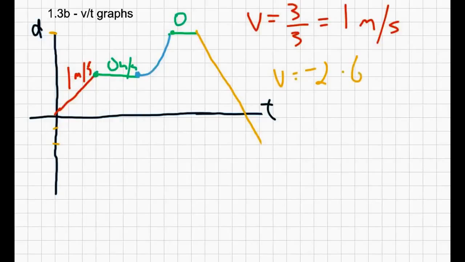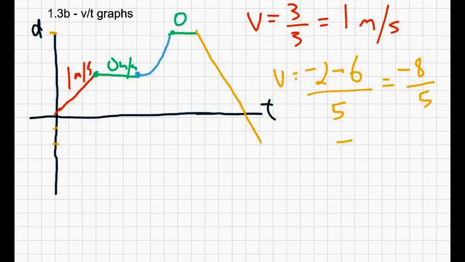We subtract 6 above, and that occurred over roughly 5 seconds approximately. So that means we have -8 over 5, which would be a velocity of about -1.8 or 1.6 or something like that.